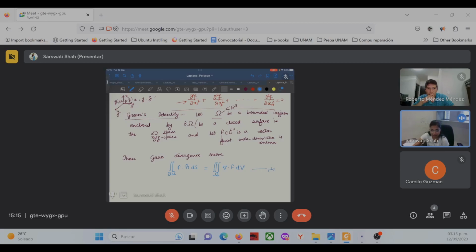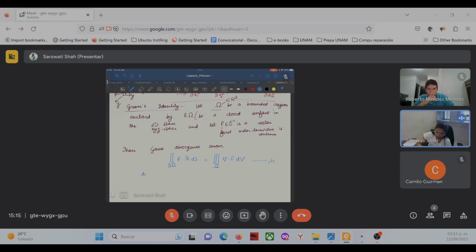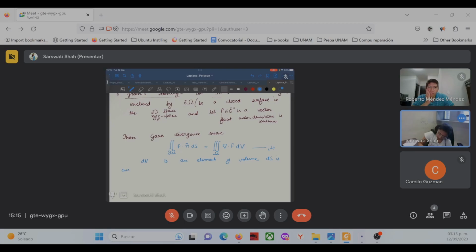This is the Gauss divergence theorem. So dV is an element of volume and dS is an element of surface area, and n cap is the outward unit normal.